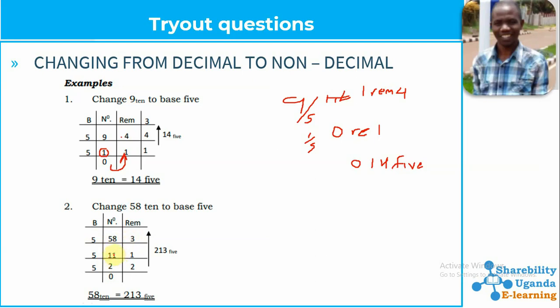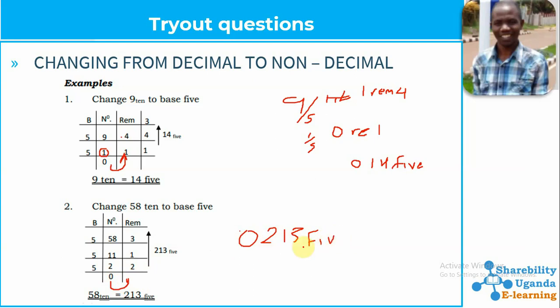Then 11 divided by 5, we get 2, we remain with 1. Then 2 divided by 5 is impossible, so you write 0, we remain with our 2. So we write our remainders here, which is 0, 2, 1, 3. This is going to be base 5.